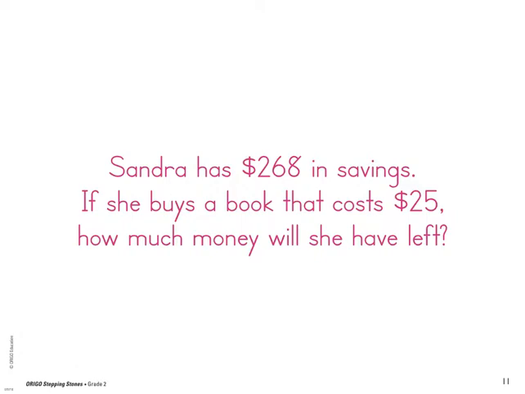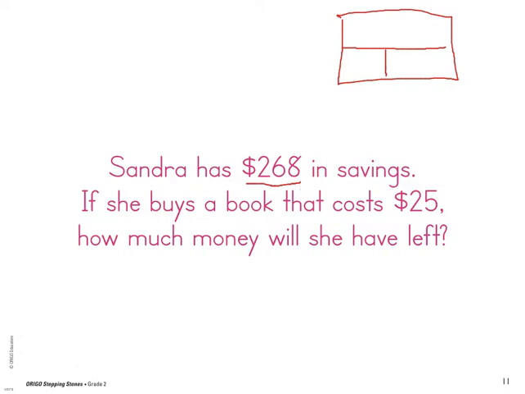Okay, so what information do we know? Let's make our part total box. That's what I like to do. What do we know? We know that Sandra has $268 in savings. Okay.